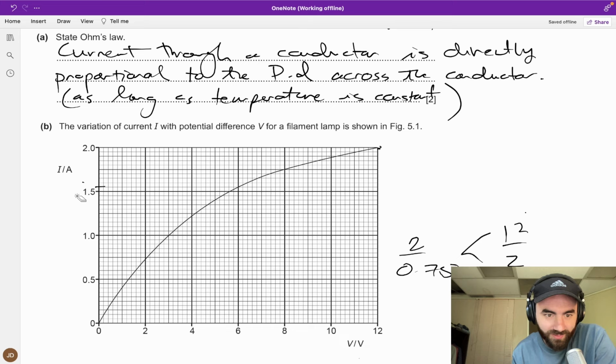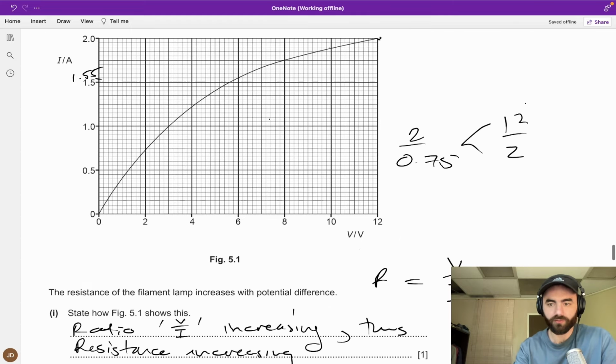Not 1.6, it's 1.55. It's 10 divisions, so they're 0.05 each, so 1.55, my bad.